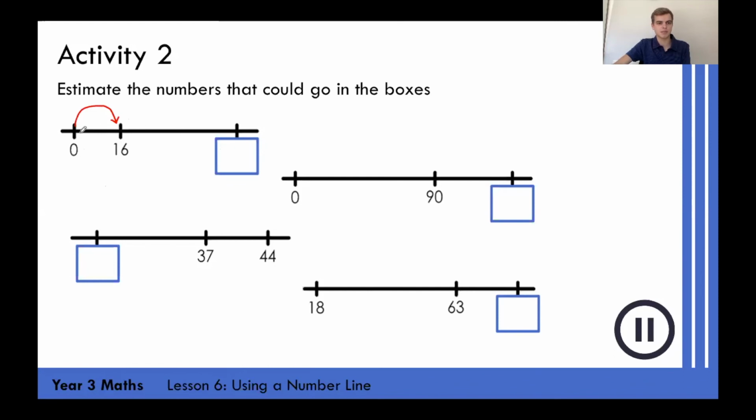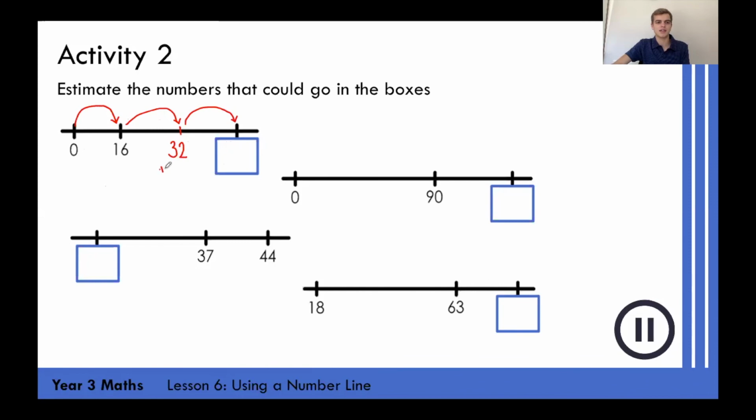If I made another jump of 16, I think that would get me to about there. I think I'm making an estimate, so I think that's another 16. And I know that 16 add 16 is 32. And I think then I'd need to jump another 16 to get to this one.